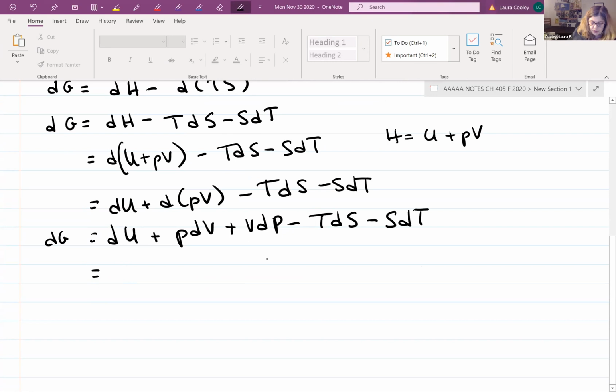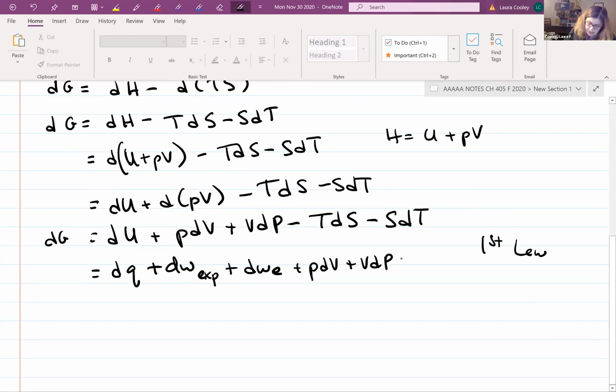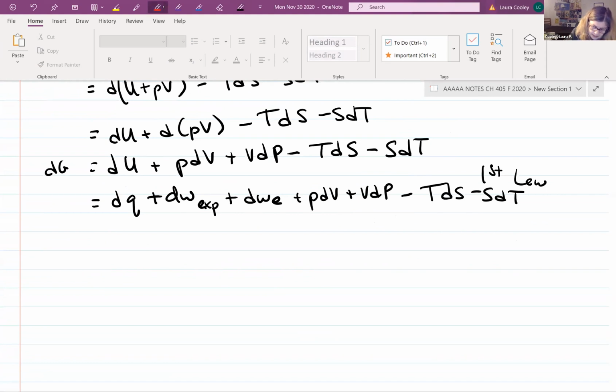And now we're going to use the first law. So dU is dq plus dw, and then we're going to separate this into expansion work and extra work, and PdV, VdP. Now we're going to start to cancel things. Okay, so we have this whole big thing, and now we're going to say no extra work.